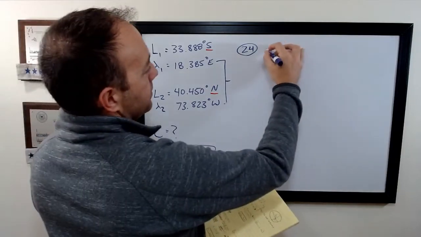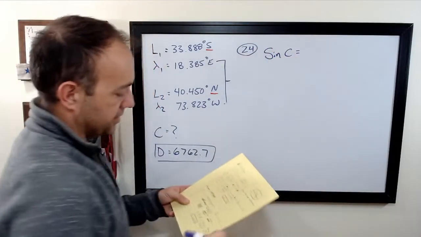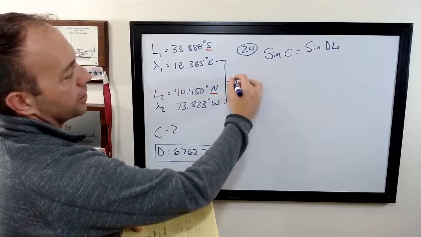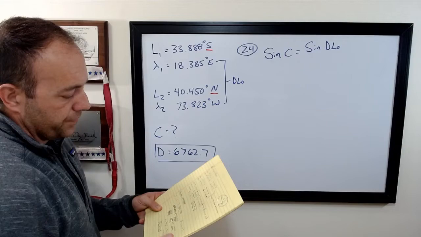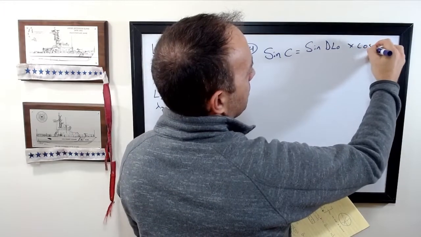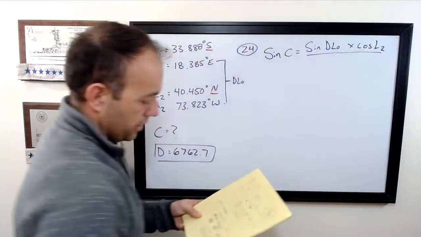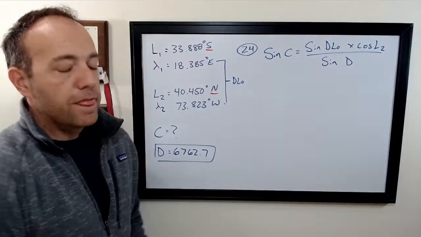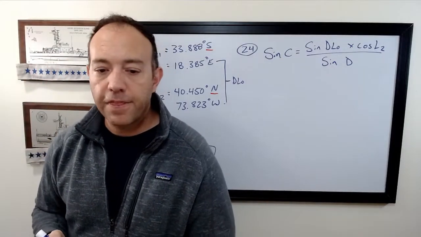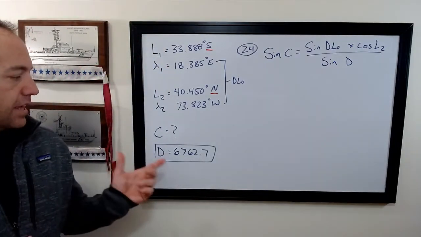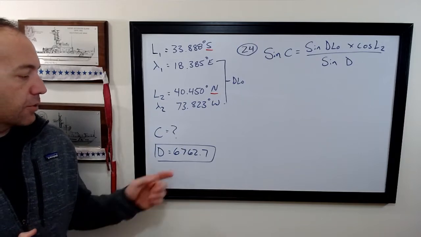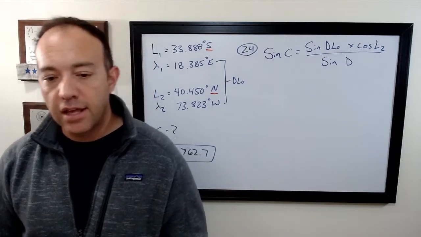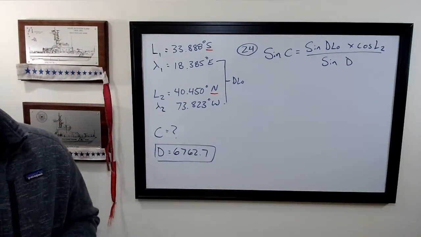It says the sine of the course is going to be equal to the sine of the difference in longitude, which we had found earlier, this d-long thing over here, times the cosine of your second latitude, all divided by the sine of your distance. I will tell you there's another formula out there that you don't need to use distance on. This one's quicker, so if you have the distance, go ahead and use it. And then you're going to be good as gold.